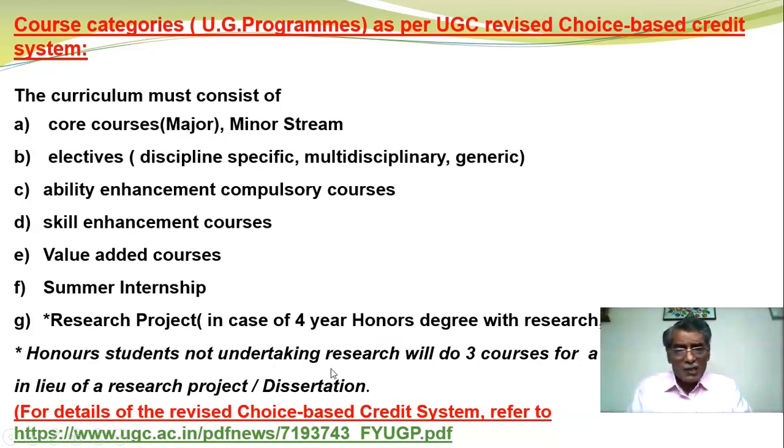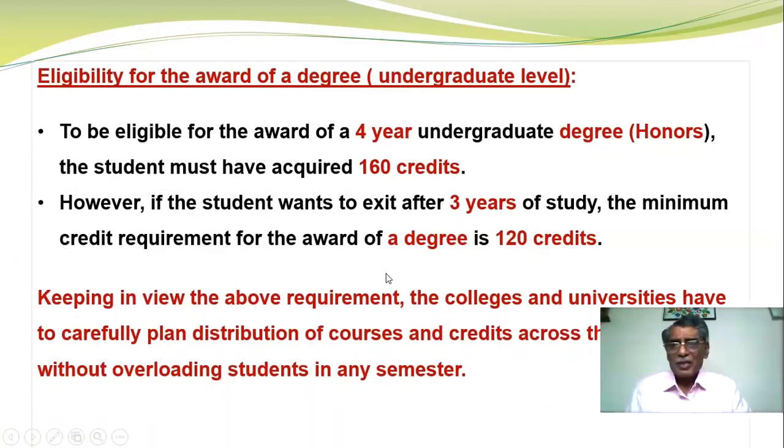Honors students not undertaking research will do 3 courses for a total of 12 credits instead of research project or dissertation.